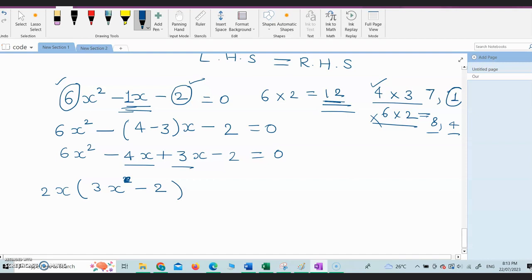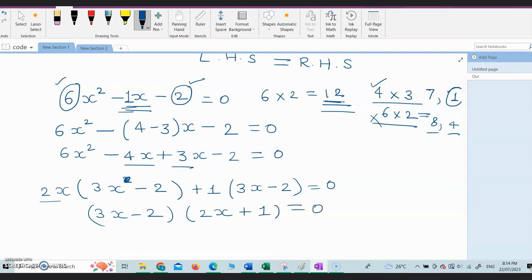Now from here, 3x minus 2, nothing seems common, but 1 is common here. So we can take out 1 from here. It will be 3x minus 2 equals to 0. So now we will take 3x minus 2 common from these two terms, and this will come here inside the bracket. 2x plus 1 equals to 0.